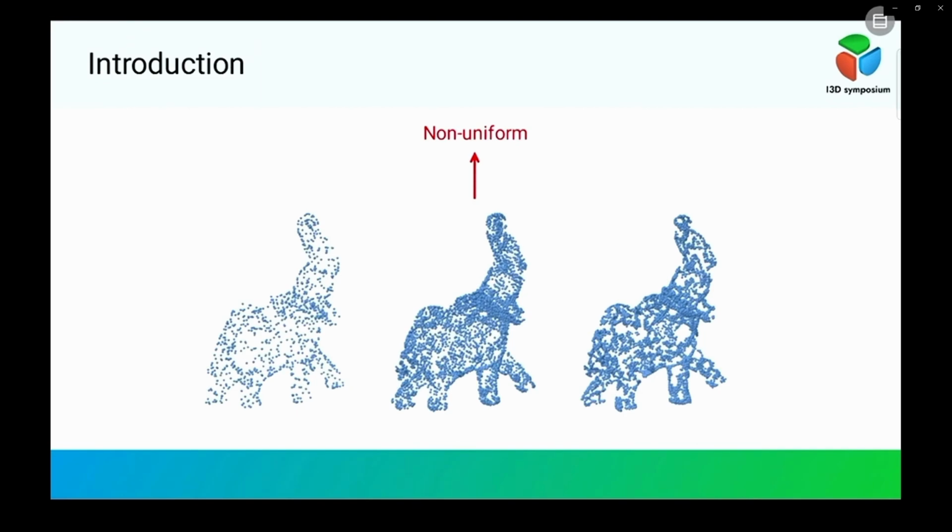Traditional upsampling methods that rely primarily on spatial coordinates often overlook the intrinsic distribution characteristics of the point cloud, leading to uneven or clustered results when processing sparse and non-uniform point clouds, as illustrated in the figure. Several existing methods produce visible point clustering in such scenarios due to the non-uniform nature of the input data.